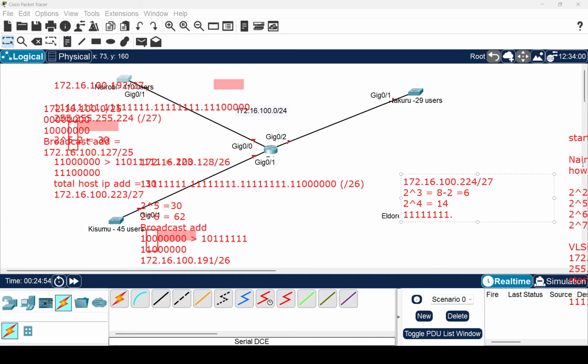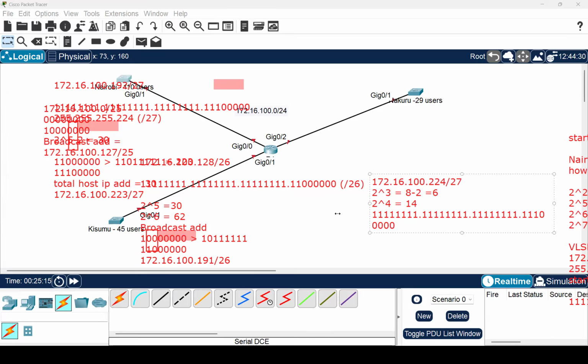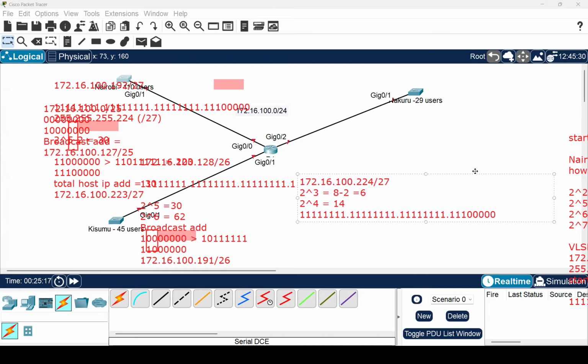So if we now write this out in dotted decimal and binary: 1, 2, 3, 4, 5, 6, 7, 8, and again 1 to 8, that is 24, 25, 26, 27 and then 5 host bits. This is our slash notation from Nakuru.